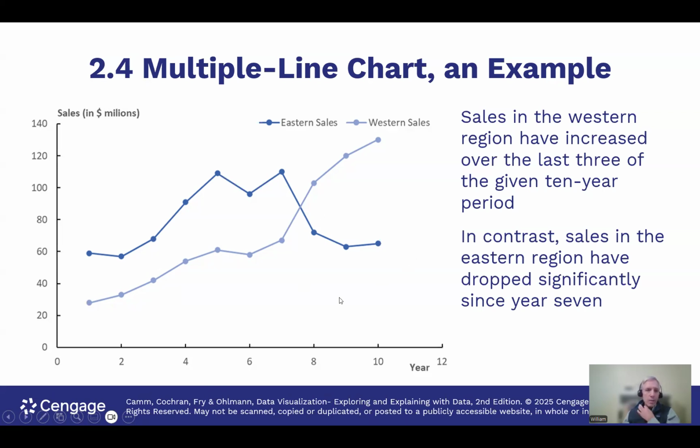If I was having a conversation with sales managers of East and West, I'd say, "Here's what's going on, guys. Overall, if I stack these two on top of each other, our sales are up. However, it's all because of Western sales. Eastern sales are way off in the end of the year."